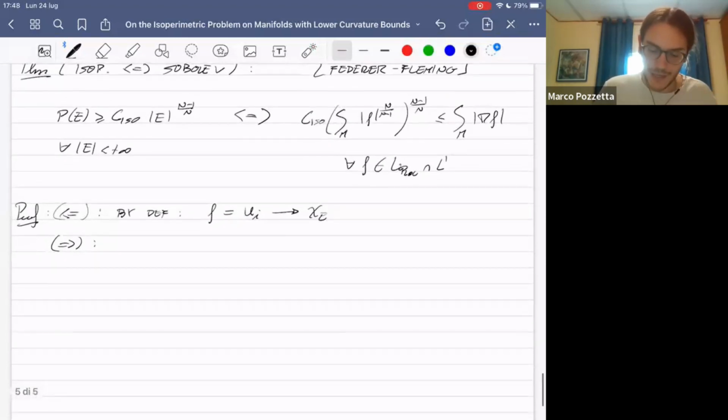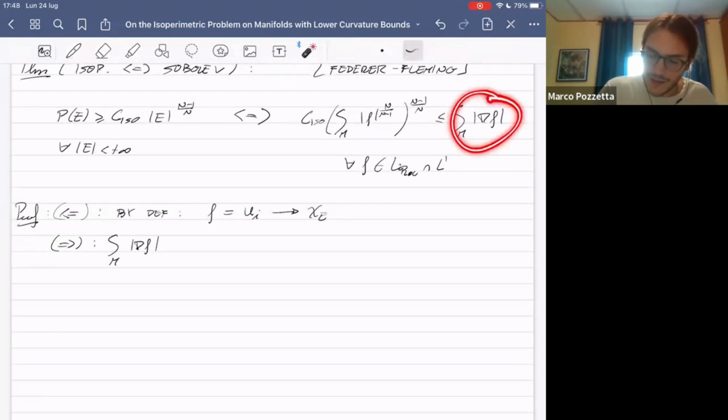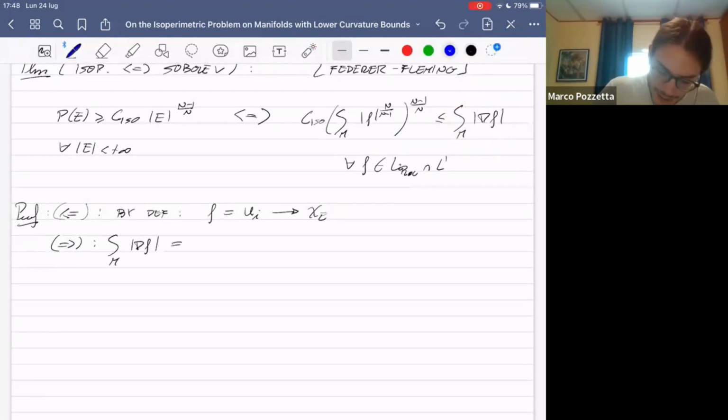It is just an application of coarea, because if I start computing the integral on the right-hand side that I want to estimate from below, by coarea, using exactly the formula I told you above, this is going to be the integral from minus infinity to plus infinity of the perimeter of the super level set, in dt.